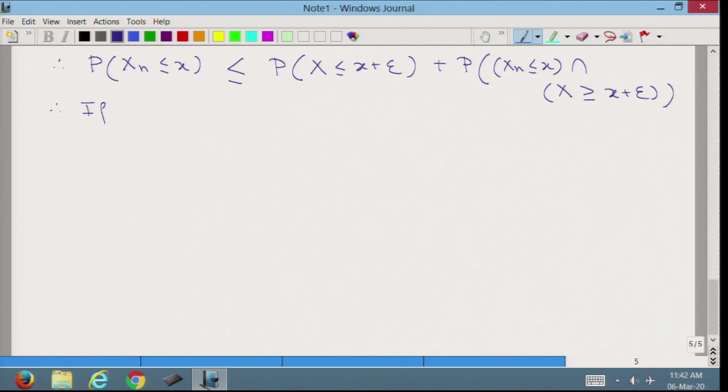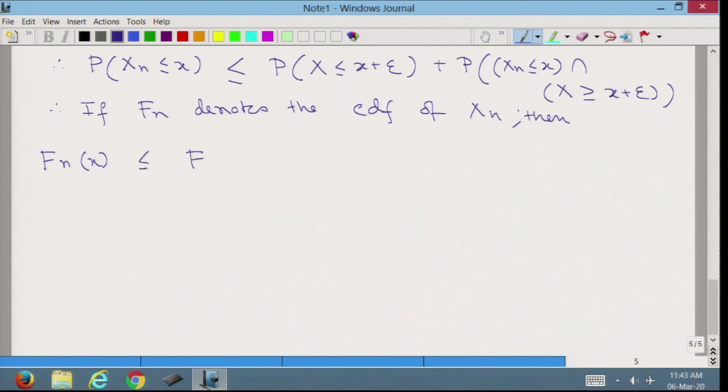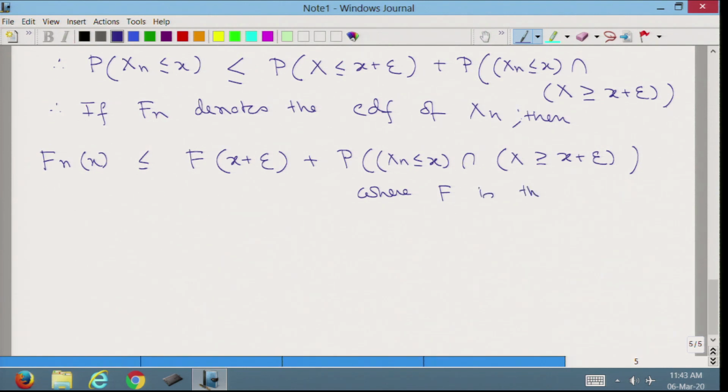Therefore, if f n denotes the cumulative distribution function of x n, then we can write f n x is less than equal to f at x plus epsilon plus probability x n less than equal to x intersected with x greater than equal to x plus epsilon, where f is the cumulative distribution function of x.